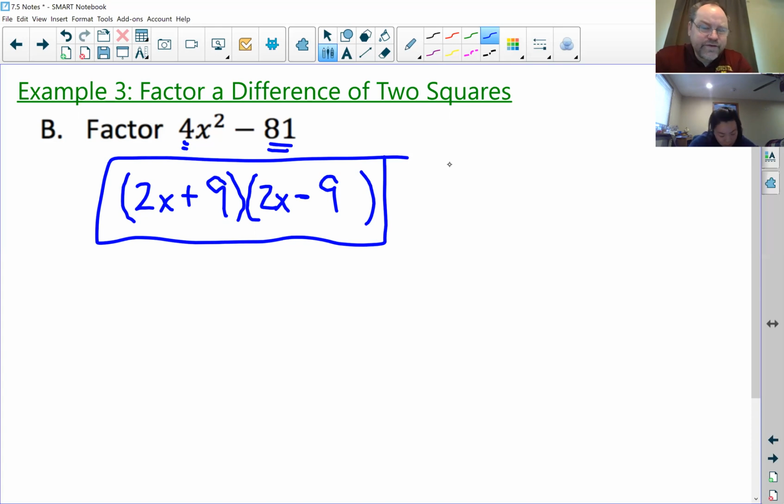The X method doesn't work when there's a number in front of the x squared. So with these difference of squares, if there's a number in front of the x squared, you'll have to kind of reason it through.